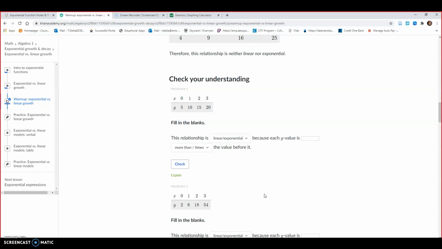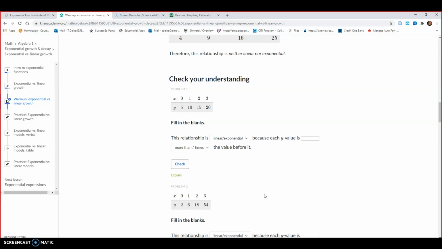So far, it's showing me linear with my x's, but now I need to look at my y's. 5 to 10, I'm adding 5. Or I could have said times 2, but that's not going to be the repetition here. Then 10 to 15, I'm adding 5. 15 to 20, I'm adding 5.